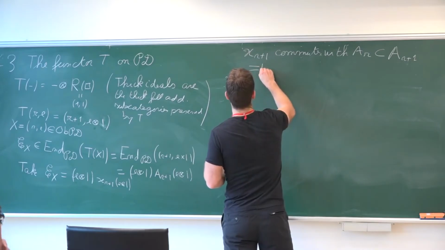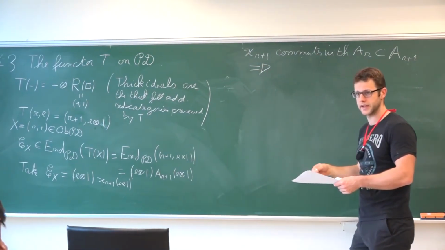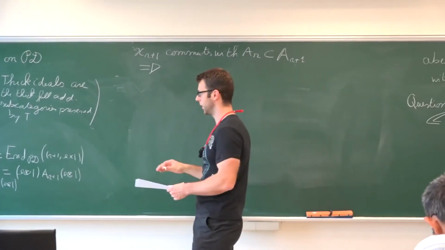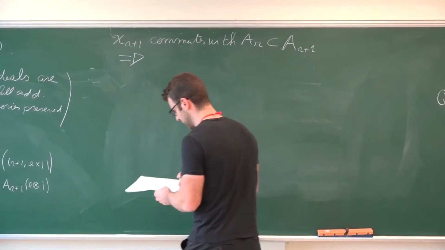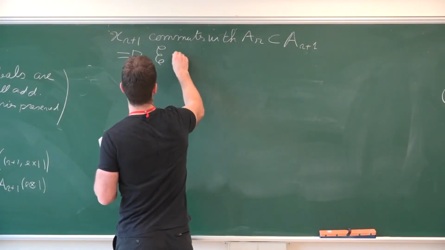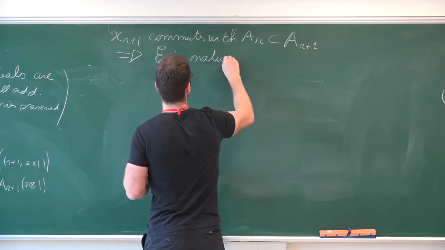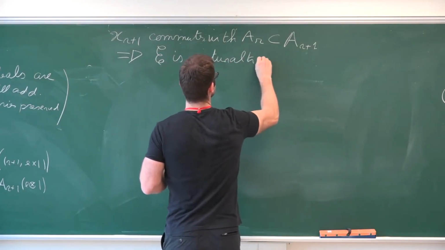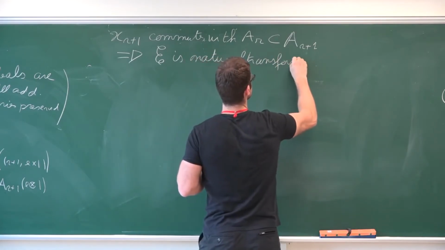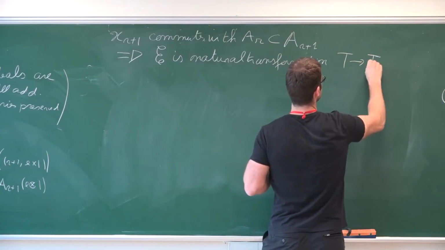So this relation rather easily, because morphisms in this category are basically given by elements of paraplectic Brauer algebras. This gives us a natural transformation from T to itself.